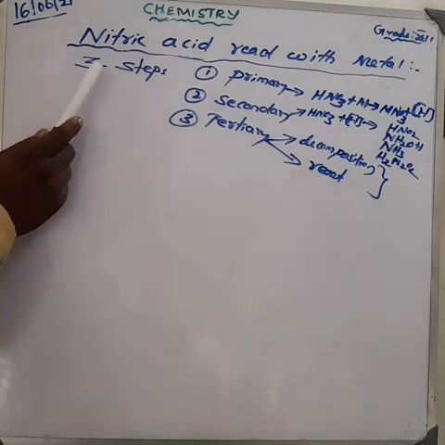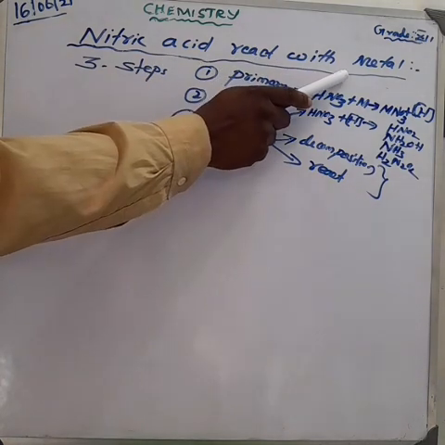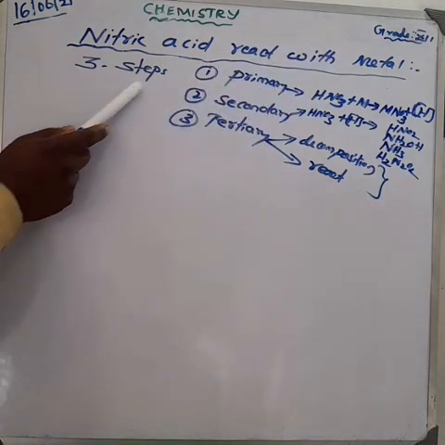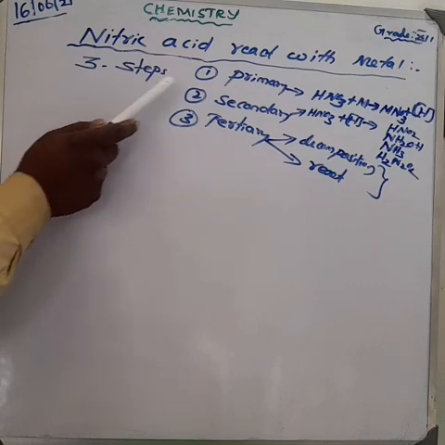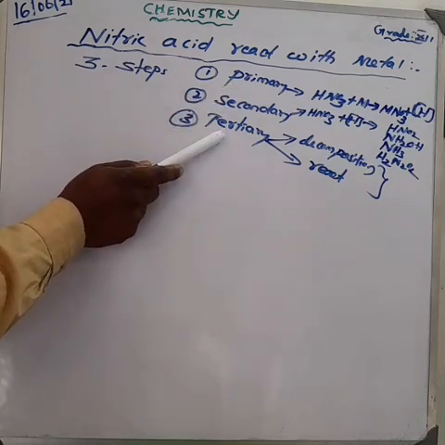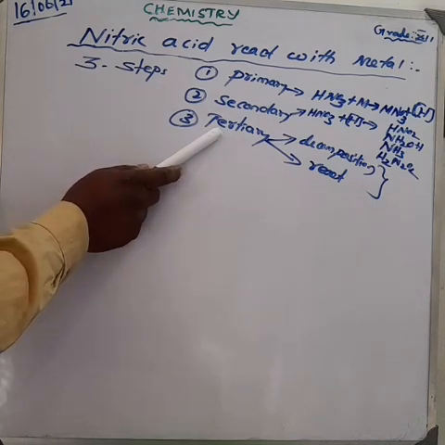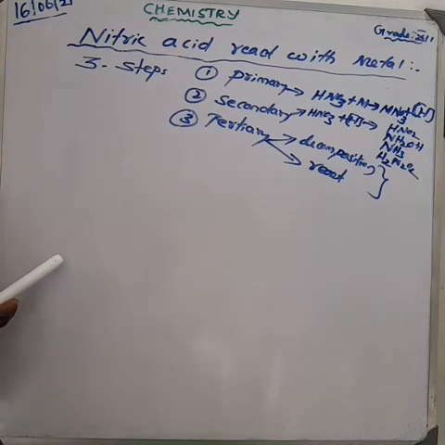Here, what does the reaction mean? Nitric acid reacts with the metal in 3 different steps. The first is the primary step, the second is the secondary, and the third is the tertiary step. So there are 3 steps in which nitric acid reacts. What is the first reaction?